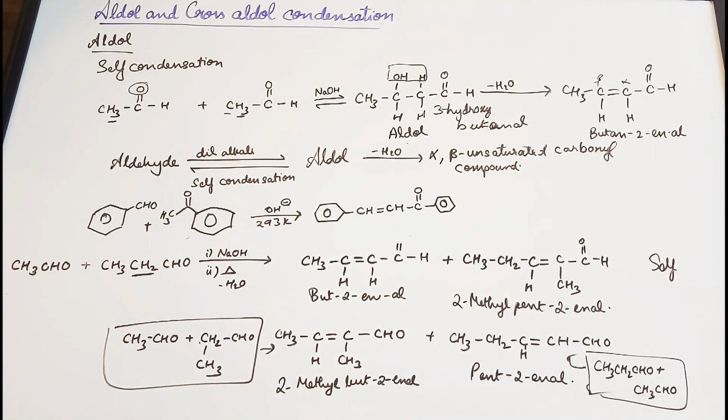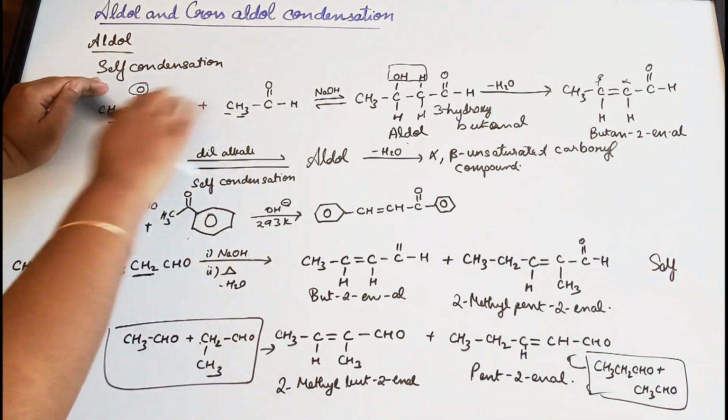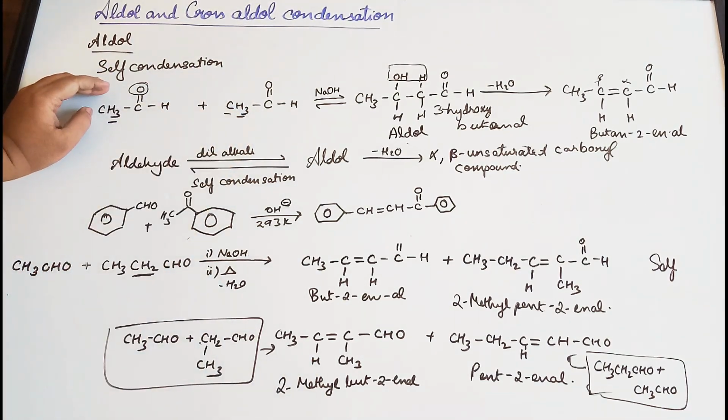So yeah, aldol and cross aldol condensation. Aldol is basically self-condensation in the presence of a dilute alkali to form aldol, which undergoes dehydration to form an alpha beta unsaturated carbonyl compound. One more time, I'll just do this. So in this case, we are taking two molecules of the same aldehyde, that is ethanal.